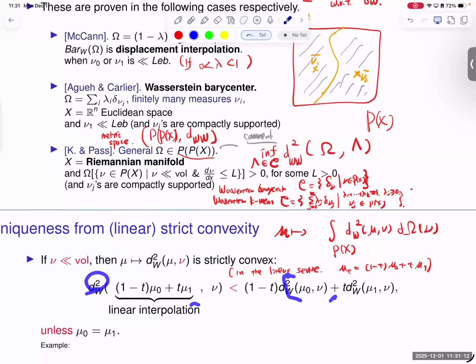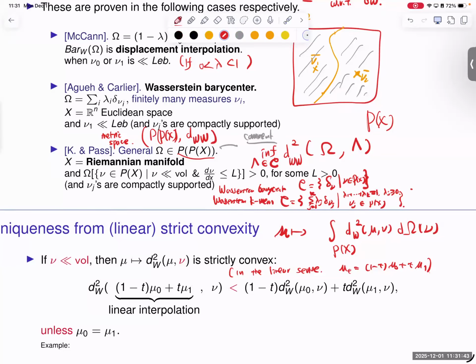It may stem from the dynamic Benamou-Brenier formulation, where that functional is strictly convex with respect to the velocity of the measure curve. Maybe you can consider that, but this should be much simpler.